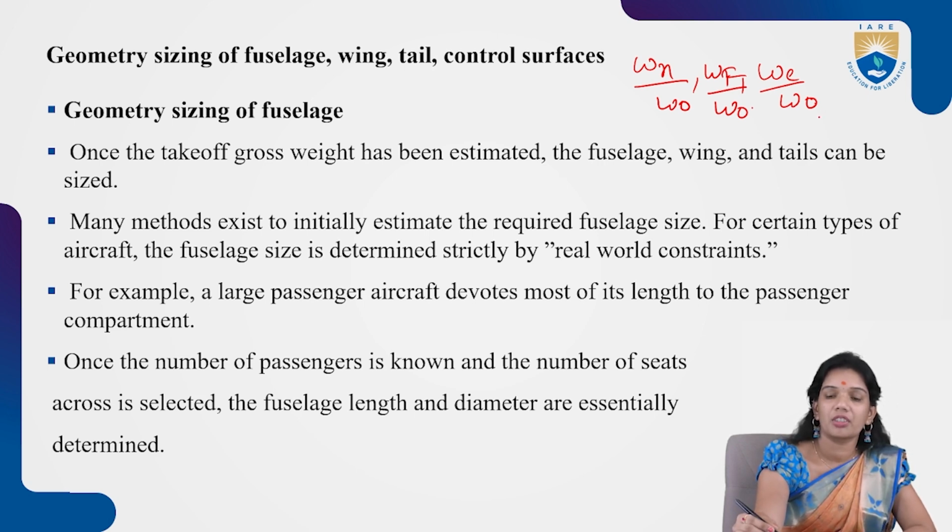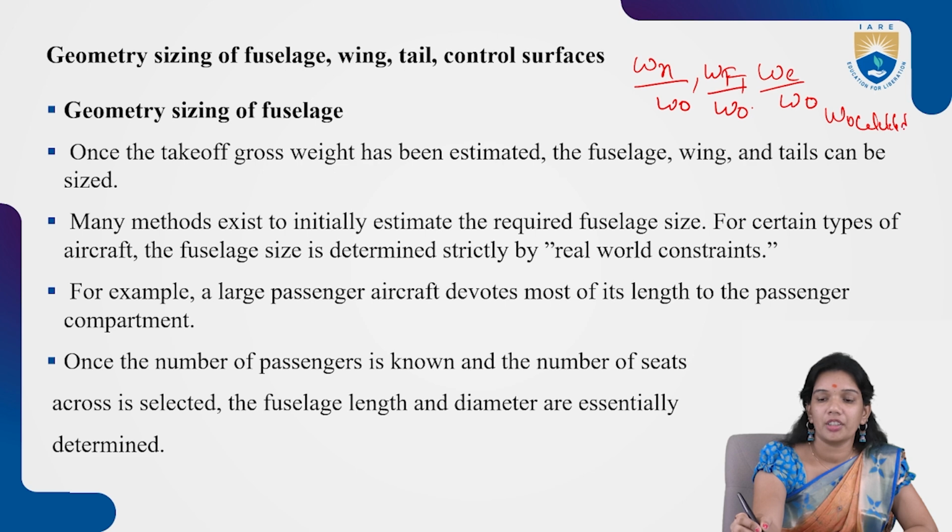We took a particular type of aircraft, calculated the data, and finally wrote W0, the takeoff weight, and did iterations by guessing it and calculating W0 and getting the calculated value.